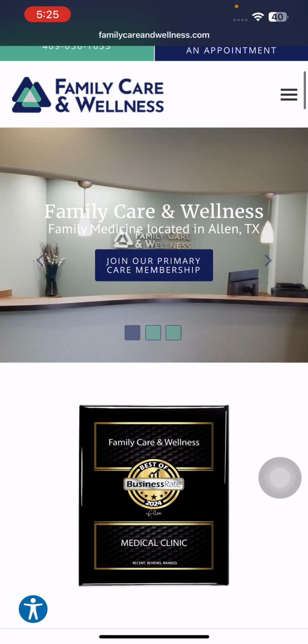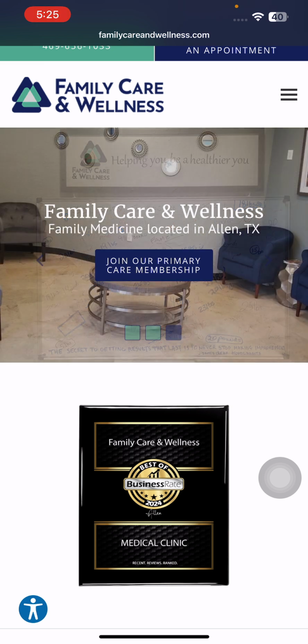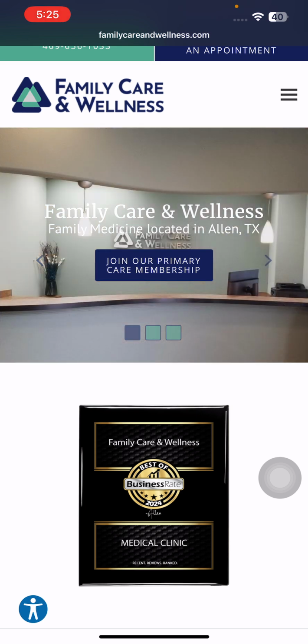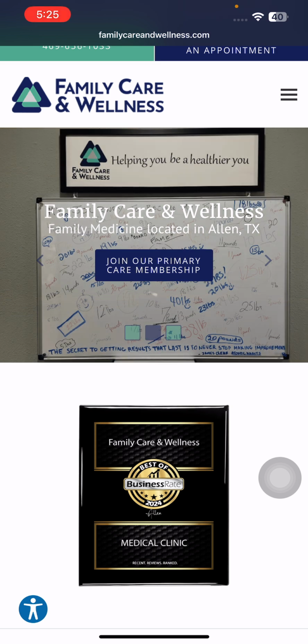Okay, so this is based on what I see. However, I feel that we have missed a couple more opportunities here. There's no social trust here. We can say something like, for example, 10K patients rate us 4.9, something like that. And we are known for the best service, or the best staff, or the best and most hygienic facility, something like that.